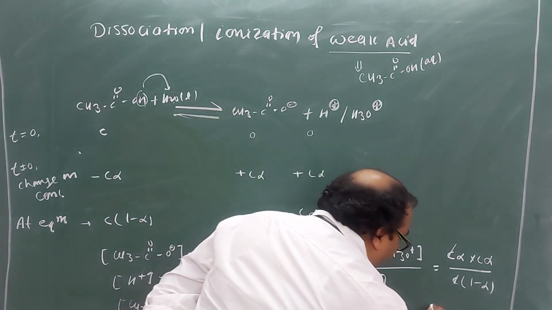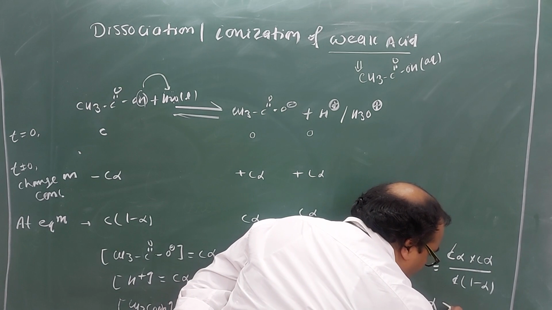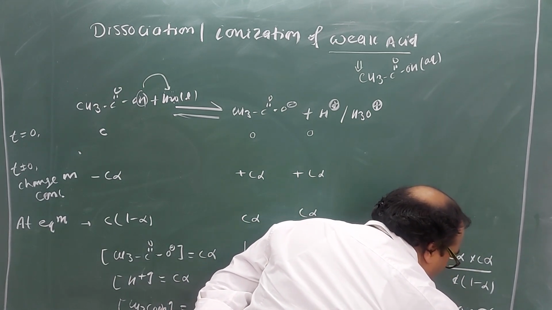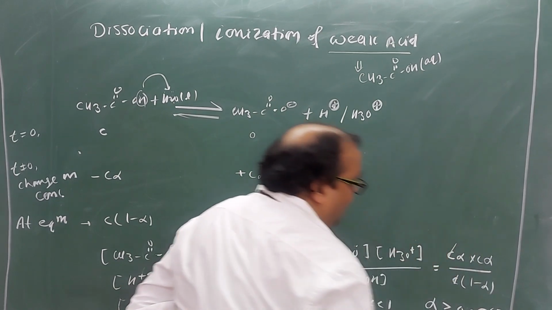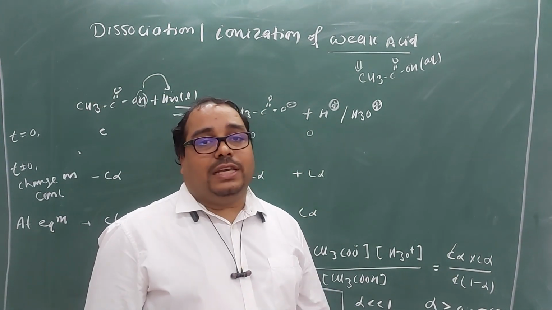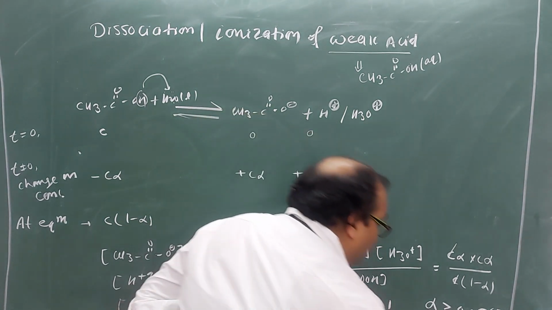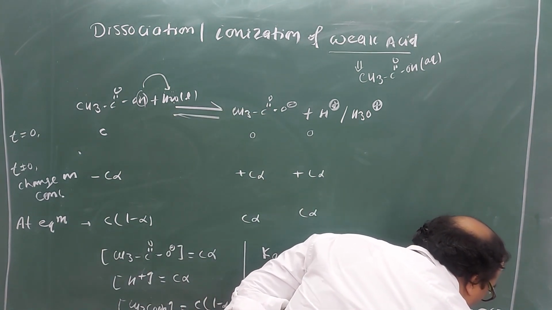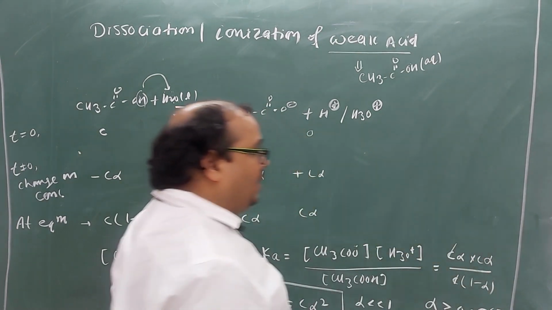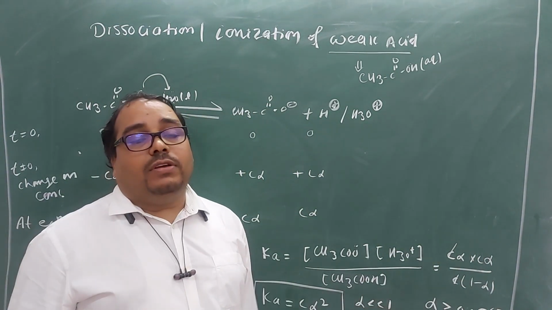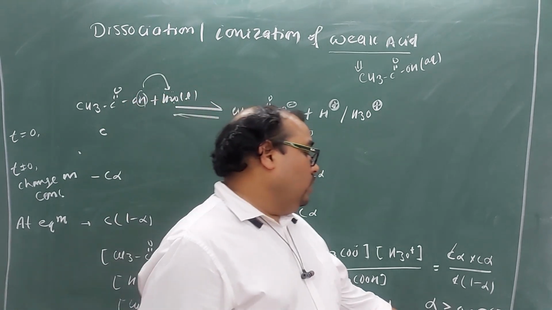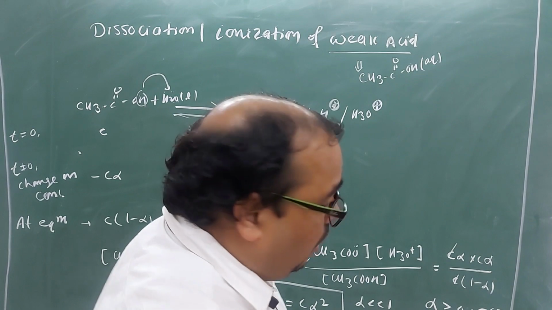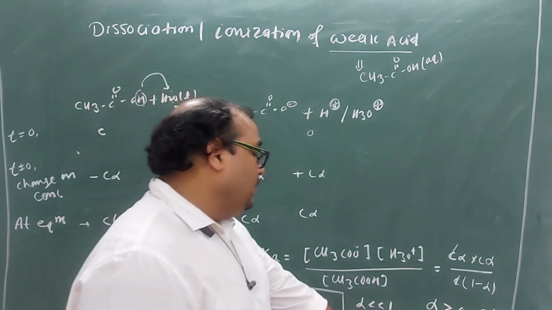If the alpha value is greater than or equal to 0.05, that means greater than or equal to 5%, then obviously 1 minus alpha cannot be neglected. Obviously 1 minus alpha is not neglected when alpha is greater than or equal to 5%. Otherwise, 1 minus alpha will be 1.